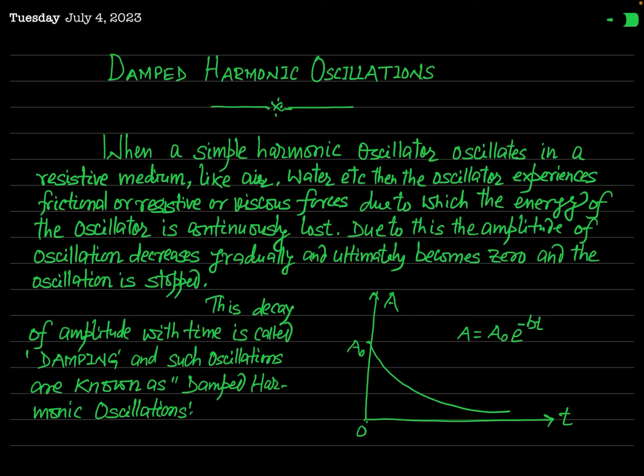And due to that resistive force, or you can also say damping force, the energy of the oscillator does not remain constant, but decreases gradually, continuously with time. And as the energy decreases continuously with time, the amplitude of oscillation does not remain constant. Actually, such oscillations are known as damped harmonic oscillations.